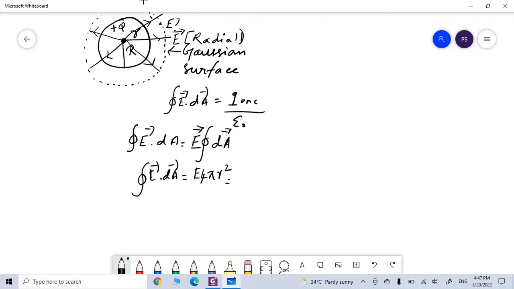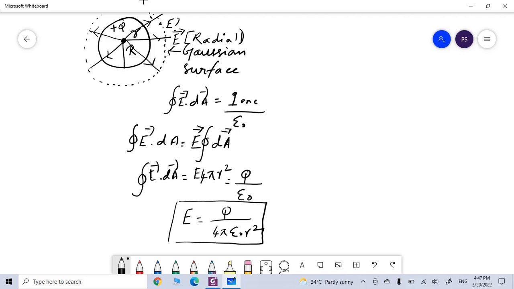As far as the right hand side is concerned, the charge enclosed is nothing but the positive charge Q itself over epsilon 0. So the electric field is very straightforward. E is equal to Q over 4 pi epsilon 0 r squared. This is the value of the electric field outside, at an arbitrary point, when you have spherical symmetry.